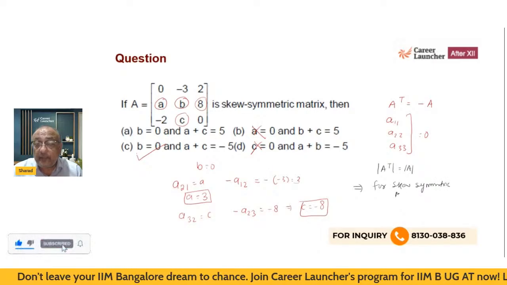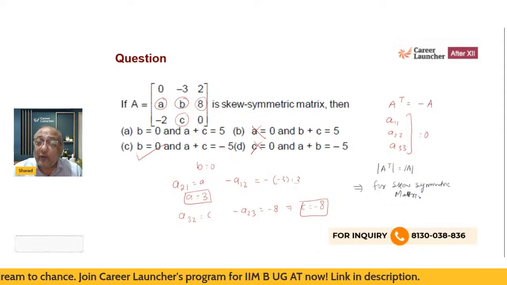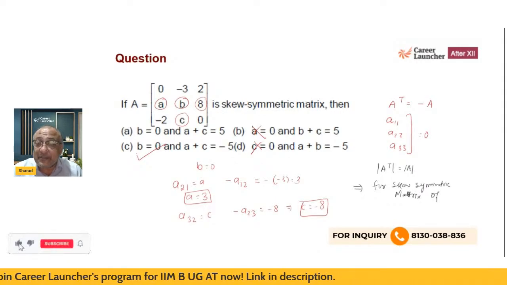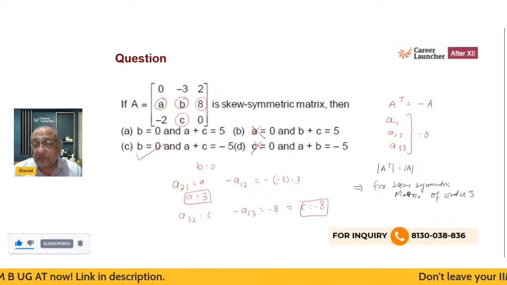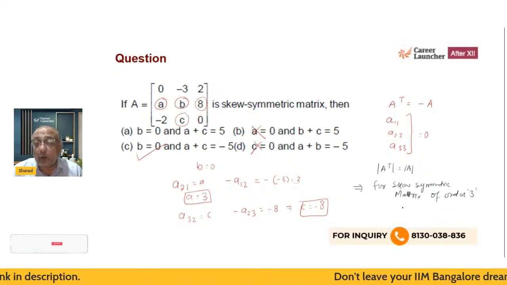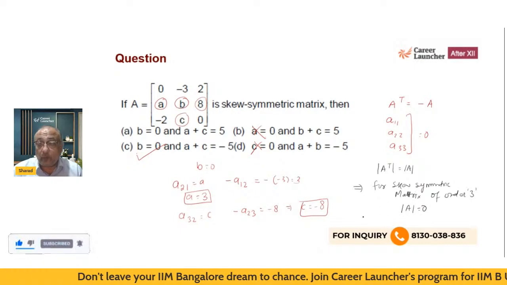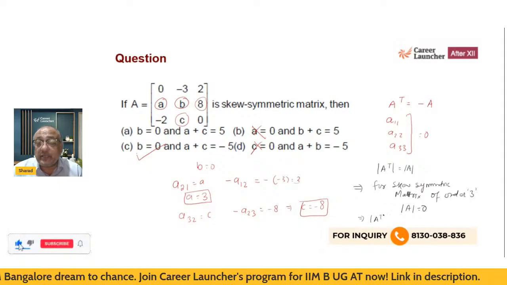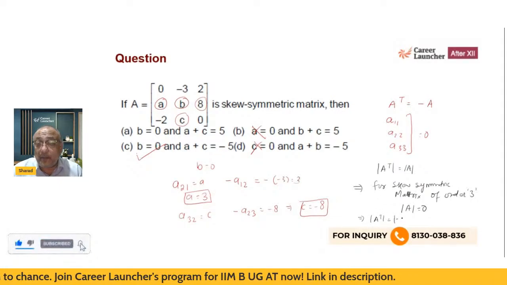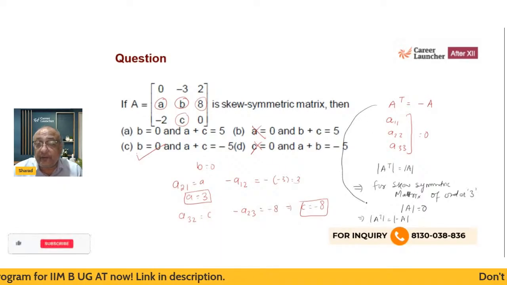For a skew symmetric matrix of odd order, and you will always get order 3, I'm just writing so that you don't get confused by writing odd, etc. The determinant of A will be equal to 0. Why is it? Because A transpose will be equal to minus A. This is the property which we have over here.